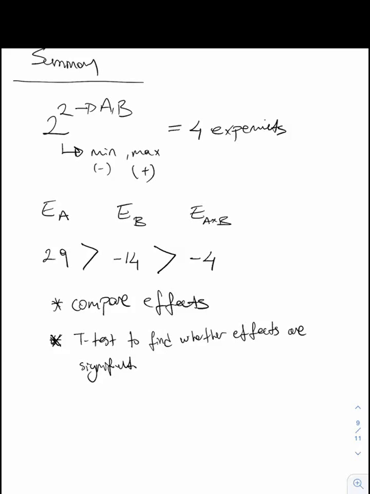So I can do a t-test between all the A pluses versus all the A minuses, and if the effect is larger than a certain t critical value, then I can say if this is significant or not, and I can do the same thing for effect of B and effect of AB.